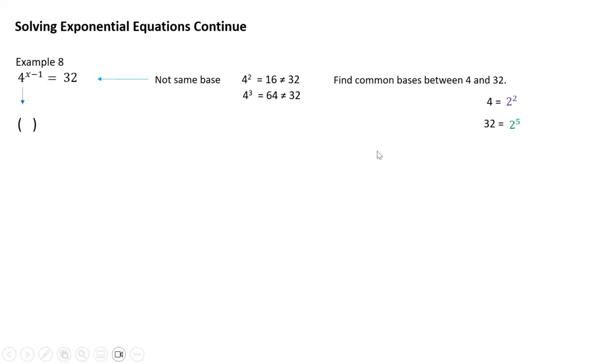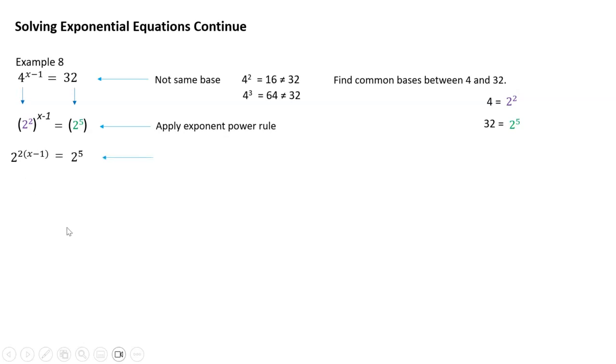So again, we're going to substitute 2 squared for the 4, bring down the exponent, and replace the 32 with 2 to the 5th power. Now we're going to apply the exponent power rule. Again, when you have a power raised to a power, we multiply the powers.